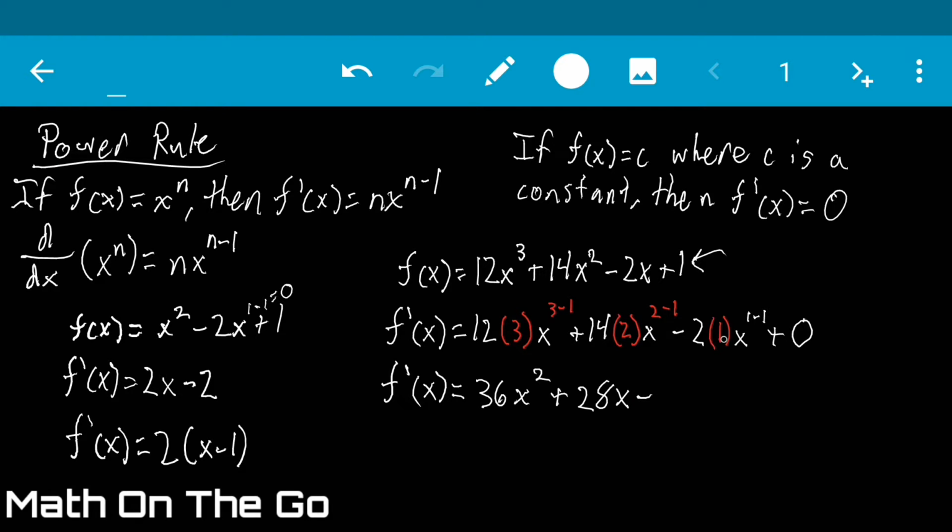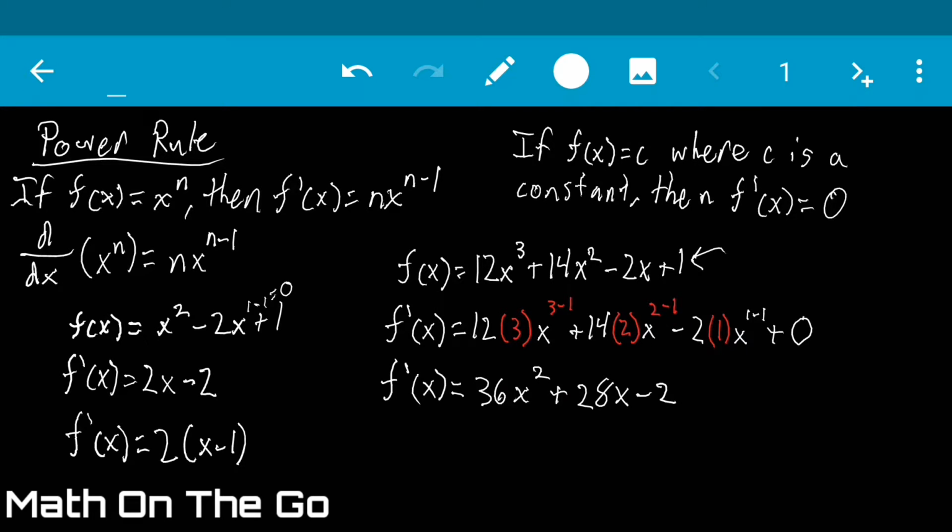Minus 2 times 1 is 2. And again, we have x to the power of 1 minus 1, which gives us 0. Anything to the power of 0 is 1, so again, we're just left with a 2. So our final derivative is 36x squared plus 28x minus 2.